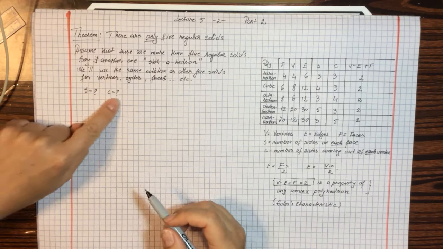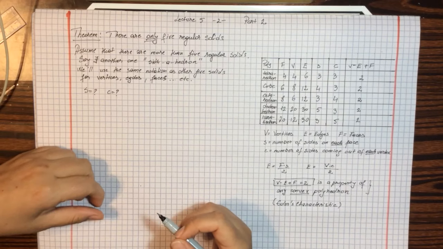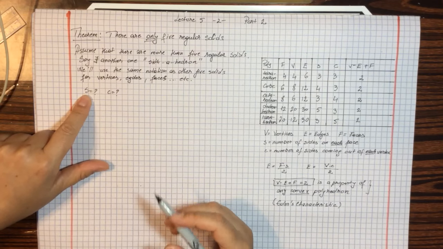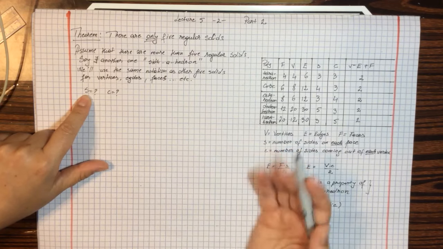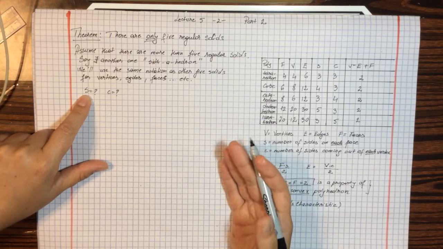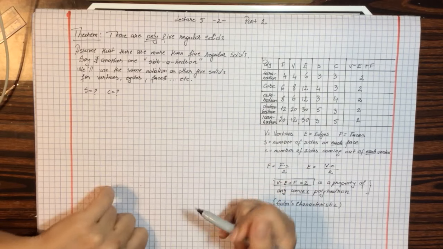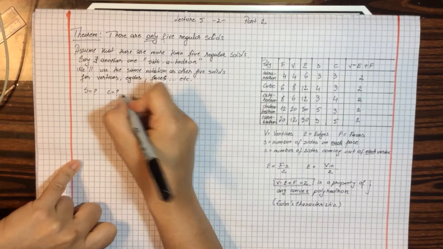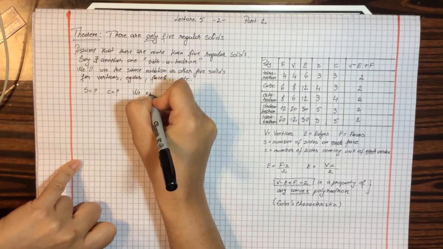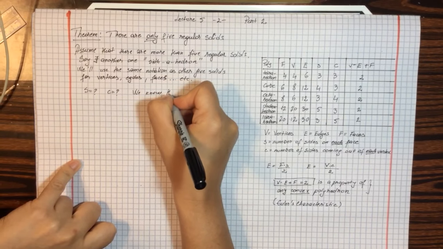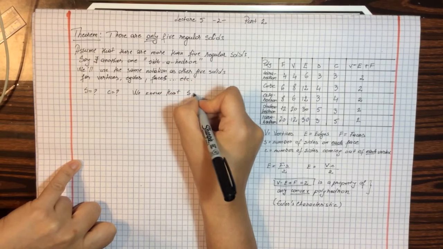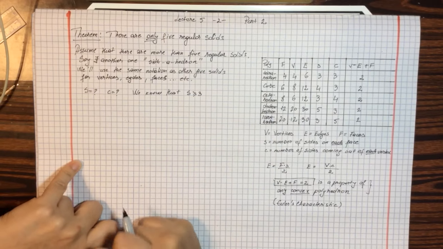So what are they? For sure we know that S must be greater than or equal to 3. It cannot be 2, because if it's 2, it would not be an actual face in two-dimensional space. So S has to be at least 3.